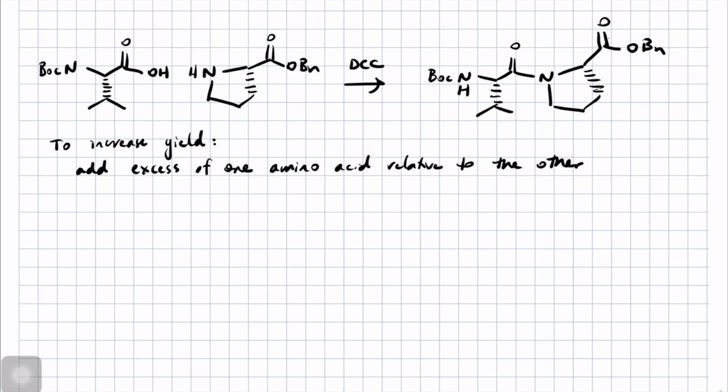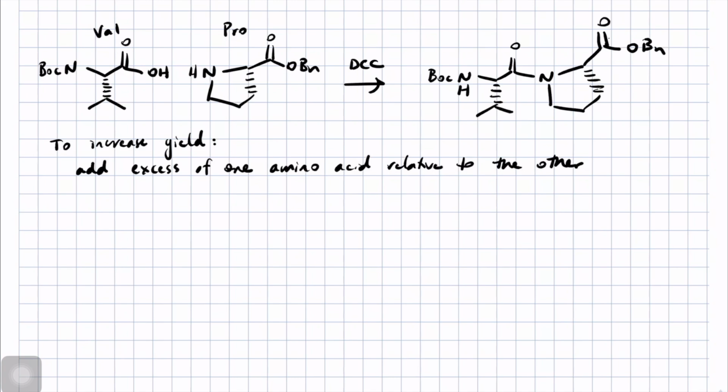For example, if a one-to-one mixture of the valine and the proline gave you, let's say, 50% yield, what if you tried a 5-to-1 mixture of valine to proline and used one equivalent of DCC for every equivalent of valine?